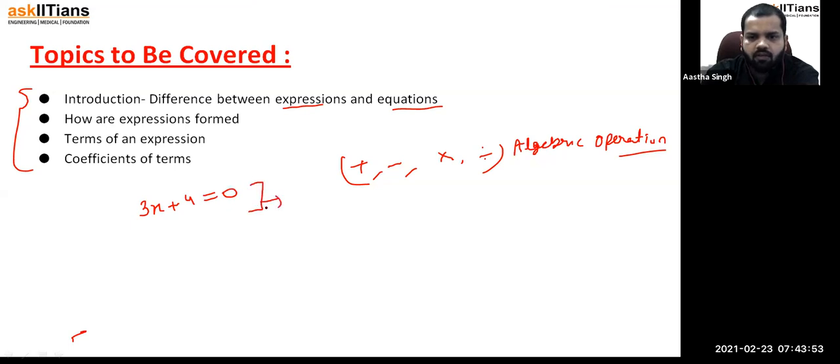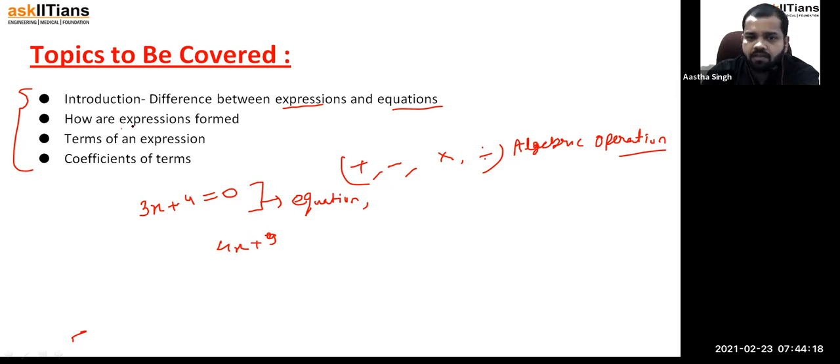It is an equation. We'll study later on, just I'm giving an example. What is expression? What is equation? This is an equation. But if I write 4x plus 9, this is only an algebraic expression, not an equation. We study later on what is the difference between them.